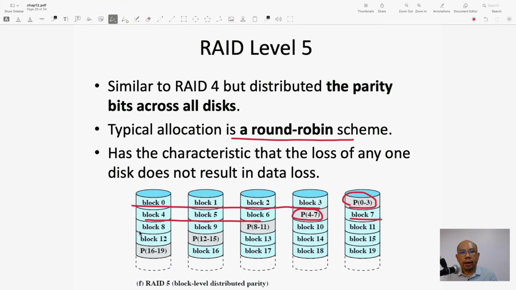Blocks 8, 9, 10, and 11: the parity of blocks 8 to 11 is written on the third drive, like this.